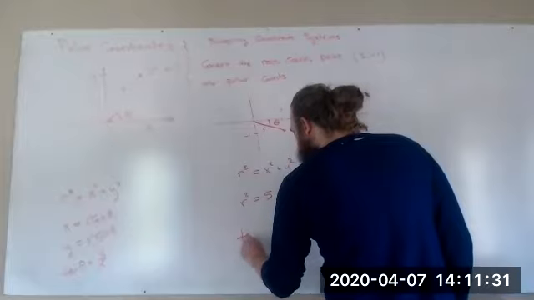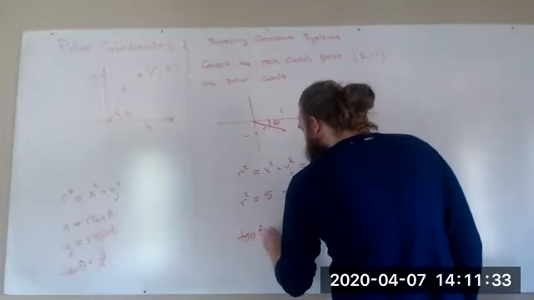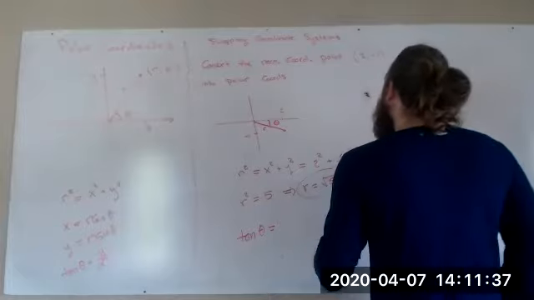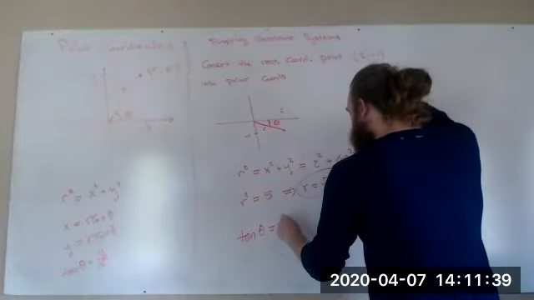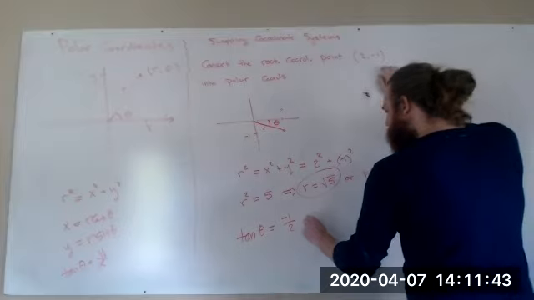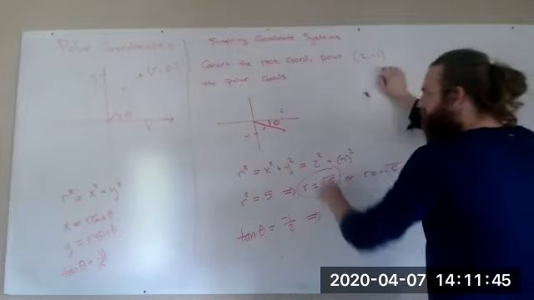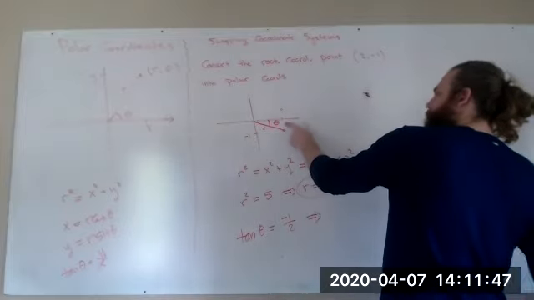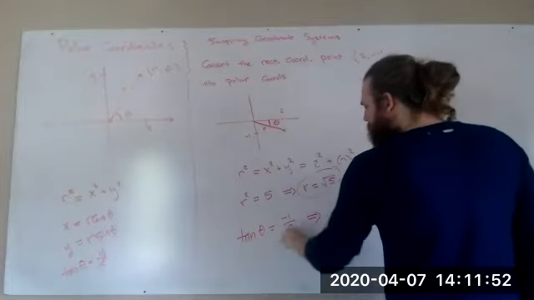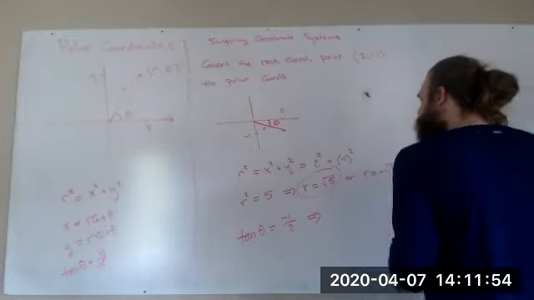Here, what's going to be most convenient, because I have this last relationship, tan theta equals y over x, that's negative 1 over 2. So the tangent of theta is negative 1/2. And since I've chosen to measure theta negatively like this, rather than measuring the big angle that goes all the way around, the inverse tangent of -1/2 will actually be this theta value.